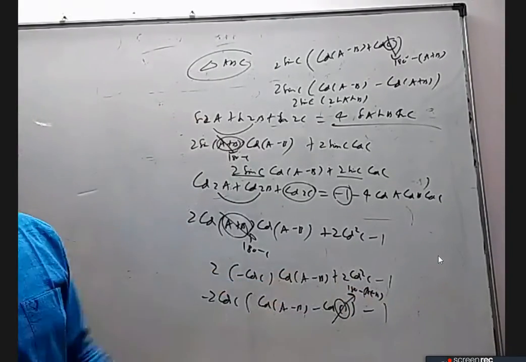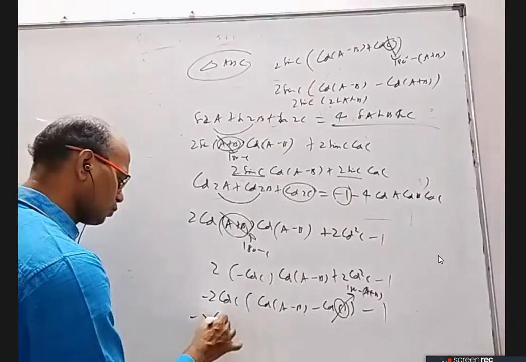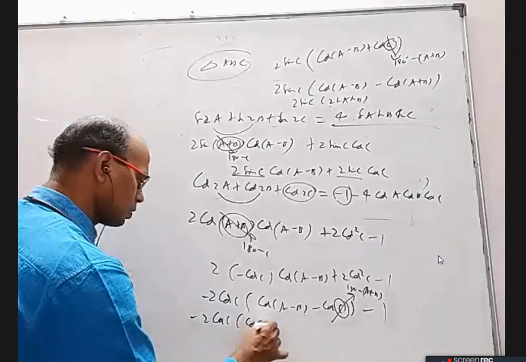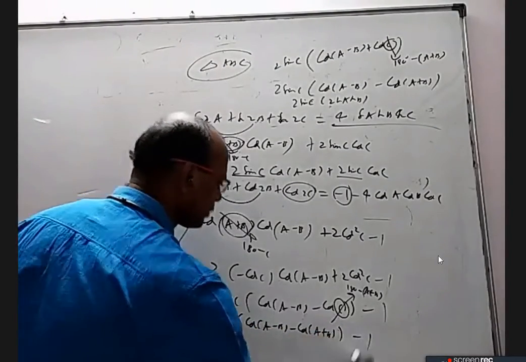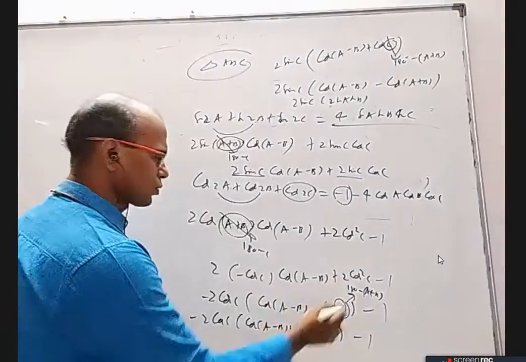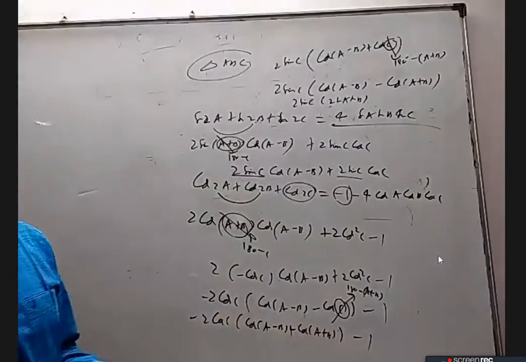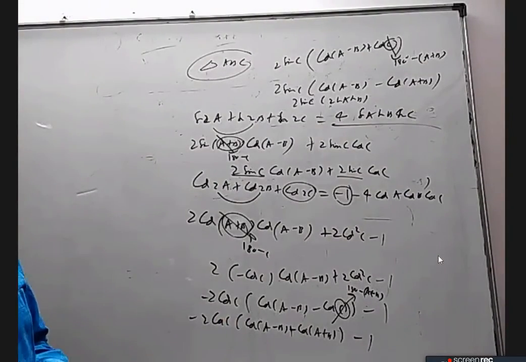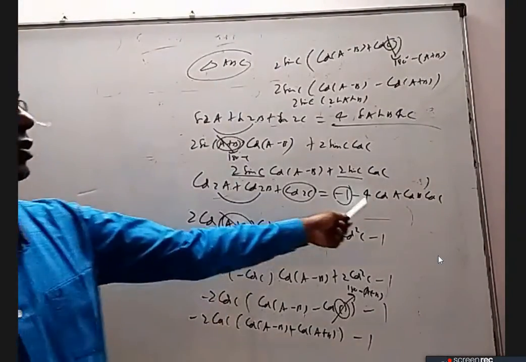And cos 180 minus theta is minus cos theta. So I will be getting minus 2 cos c into cos a minus b minus cos a plus b, minus 1. But not minus, it will become plus, because cos 180 minus theta is minus, that minus will become plus. And what is cos a plus b plus cos a minus b? 2 cos a cos b, including this, minus 4 cos a cos b cos c.